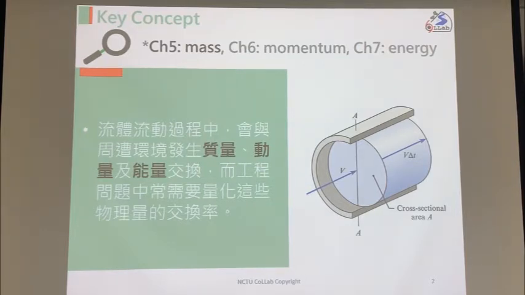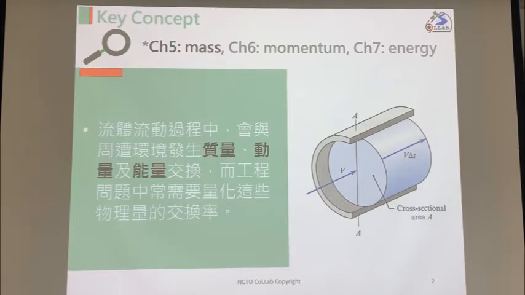So this chapter 5 is very important. Some ideas will be highlighted in chapter 5, and the following chapters 6 and 7 just exchange mass for momentum and momentum for energy. There are no significantly different ideas, we only exchange the physical properties.